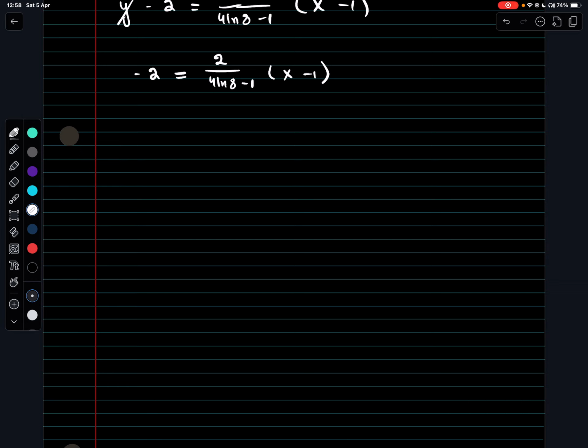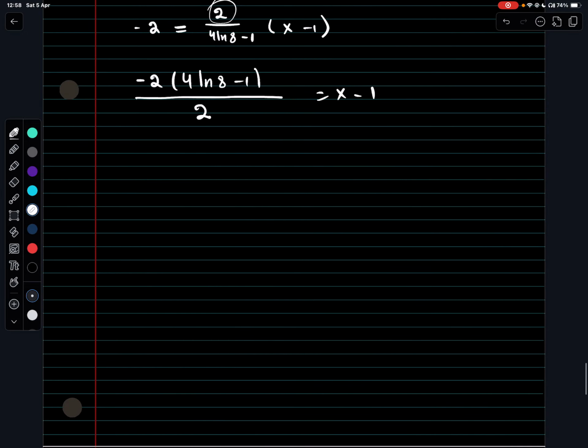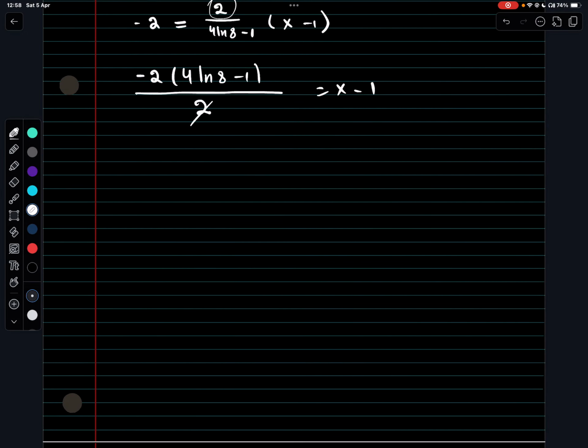That gives us negative 2 multiplied by 4 ln 8 minus 1, then divide this by 2, because there will be a 2 left on the right side. That's x minus 1. Then move 1 to the other side. Let me simplify this: make it 4 ln 8 plus 1. Remember, we have the 1 over here; let's add it to that. So then the x coordinate will be negative 4 ln 8 plus 2.